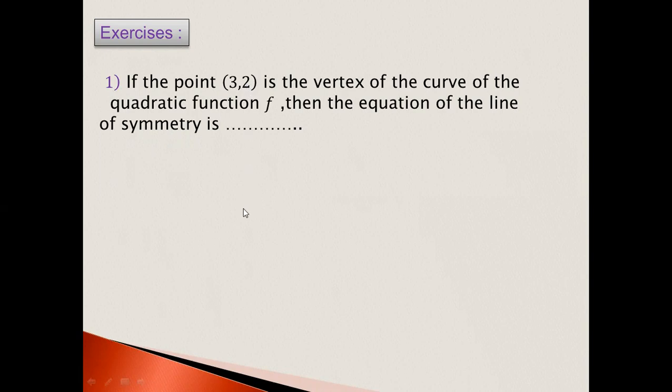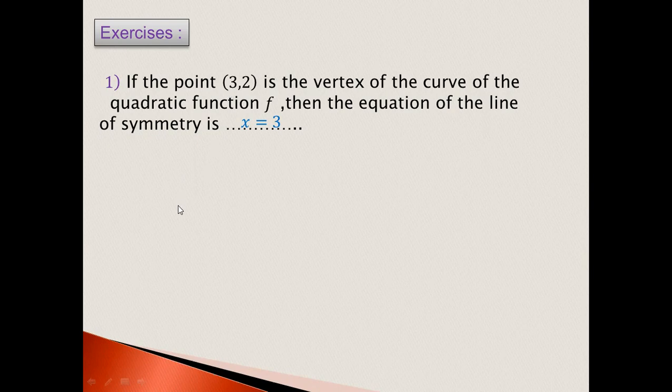That means the equation of the line of symmetry is x equals 2. Sorry, we can take the equation of the line of symmetry from the first projection in the vertex point. It represents the first projection of the vertex point. That means the equation of the line of symmetry is x equals 3, because the first projection is 3.